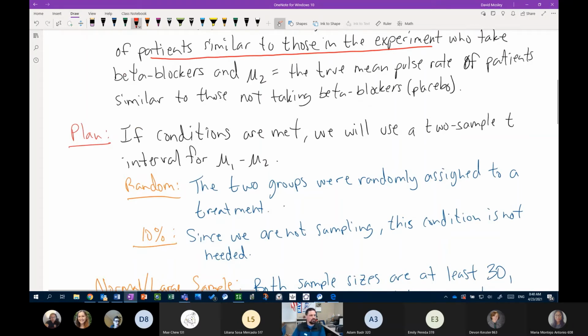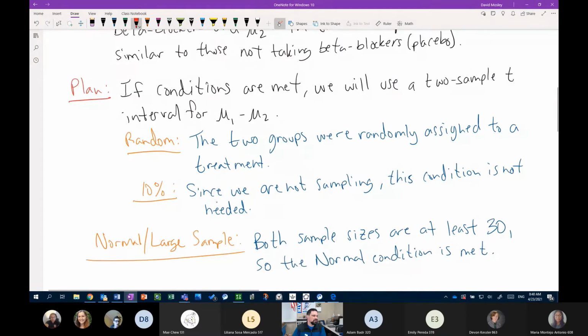Randomness: the 2 groups were randomly assigned to a treatment, so randomness has been fulfilled. 10%: since we did not randomly sample these people from the population, this condition is not needed. We did not sample without replacement. The 10% condition does not need to be confirmed.